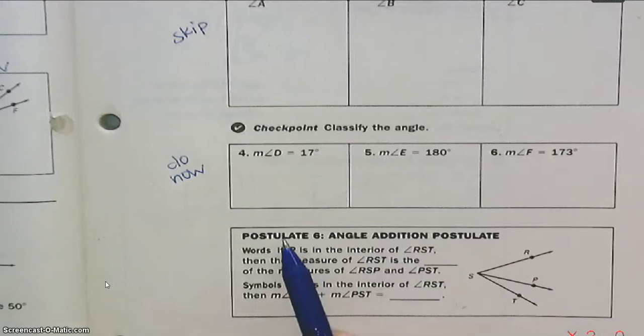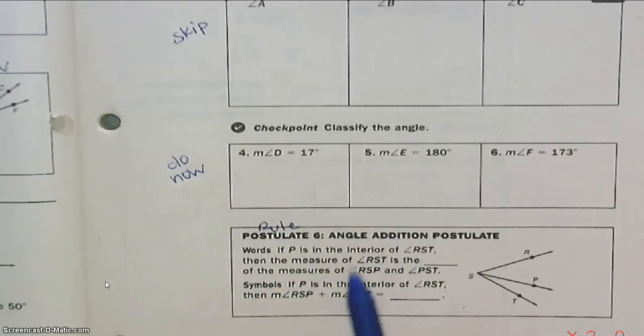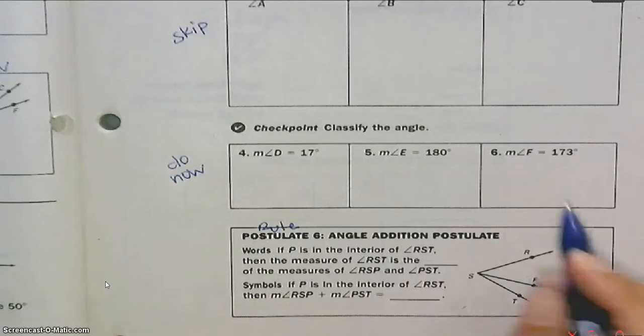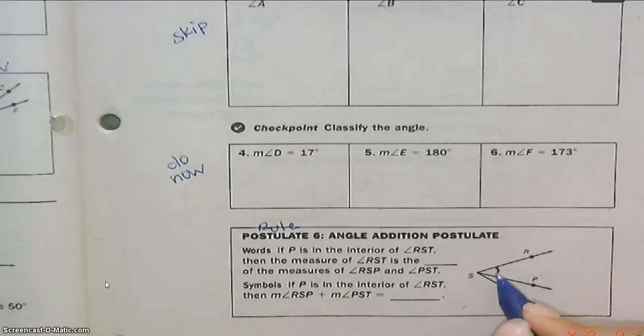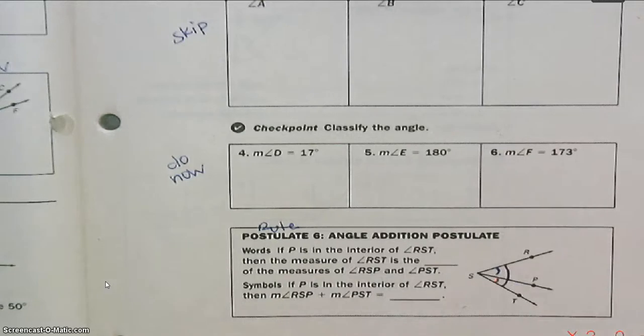The next postulate, remember postulate just means rule. The next rule we're learning is angle addition, which means you can add 2 smaller angles together to get the whole thing. So if we take this small angle, and we add this small angle to it, we get the entire large angle.